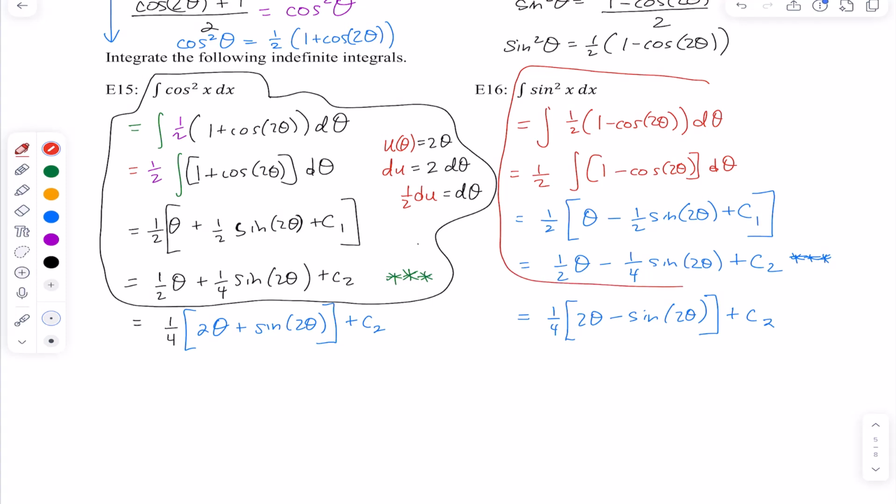Notice in both these examples, all you did was simplify an expression.